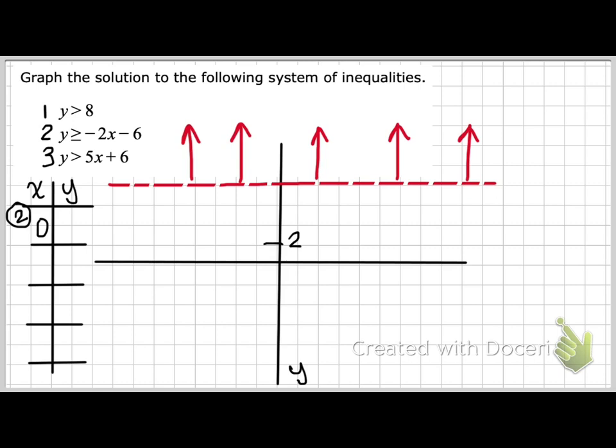That's easy. X zeroes out, and y would be equal to -6. Of course, we're looking for the edge of the solution, so we're not concerned about the greater than or equal to at this point. We're just saying y is equal to -6, and this is going to help give us the edge of the solution.